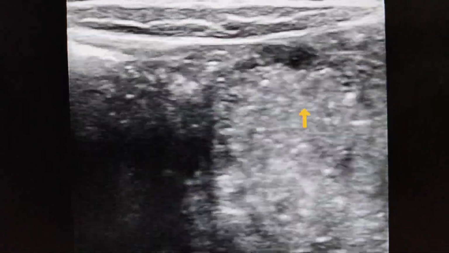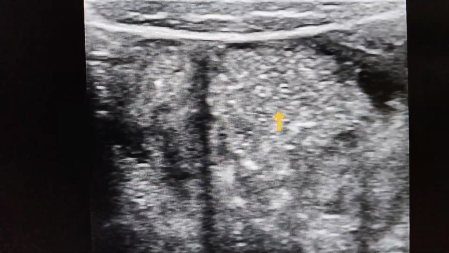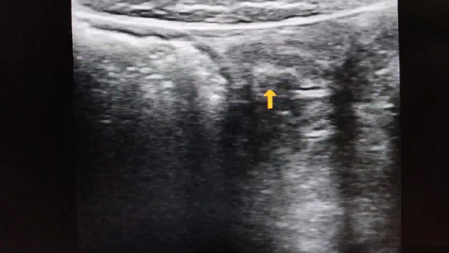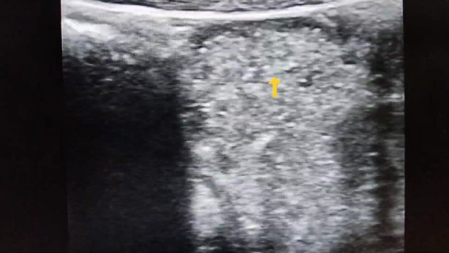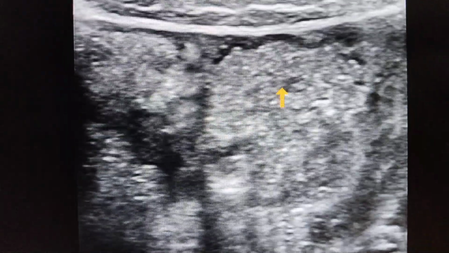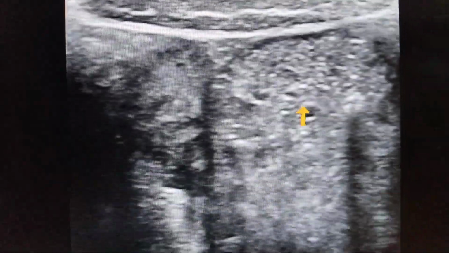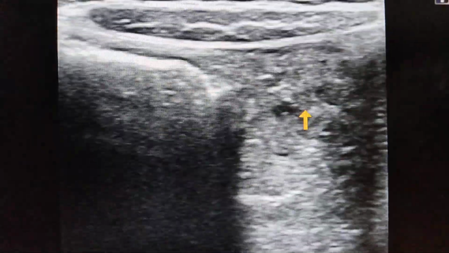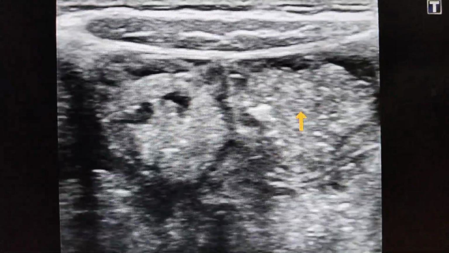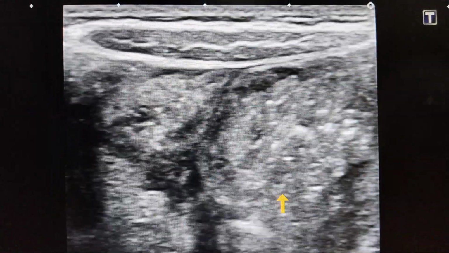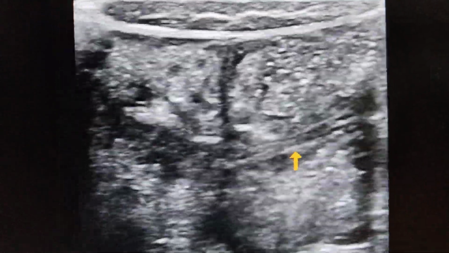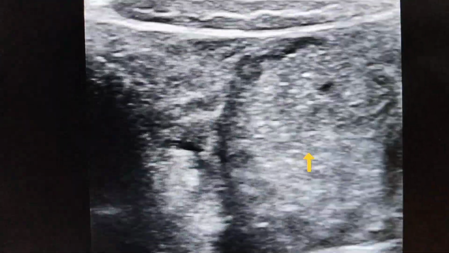And these echogenic foci within this intraluminal contents, and these intraluminal contents are basically the putrefied food particles.